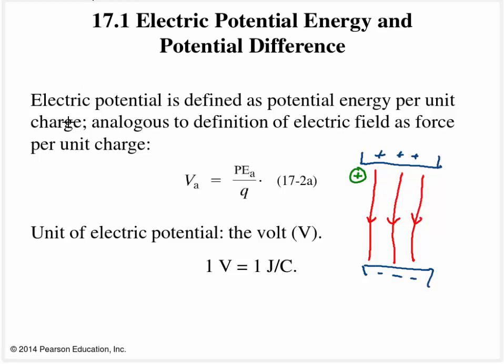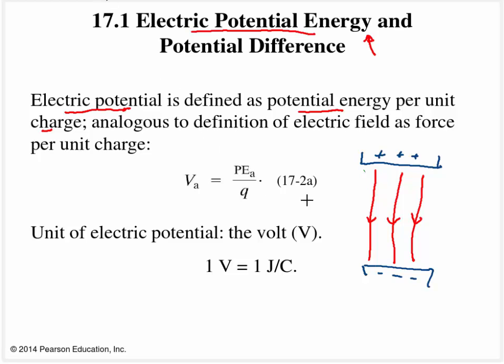Now, the next thing that we're going to define is electric potential. It's just a little bit different than electric potential energy. Be very careful. It can be sneaky whether we're talking about electric potential energy or electric potential. Essentially, it's defined as the potential energy per unit charge. So looking at this charge sitting in that electric field, we know that it has some potential energy, but let me take this charge away for a second.